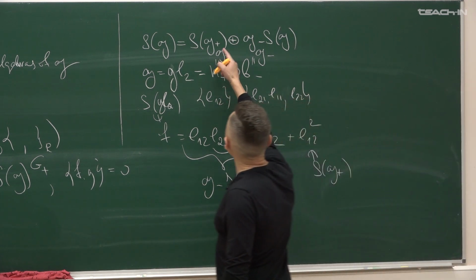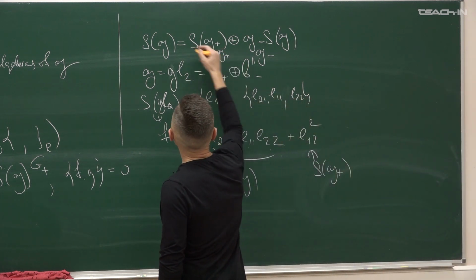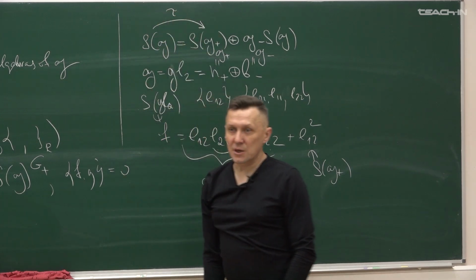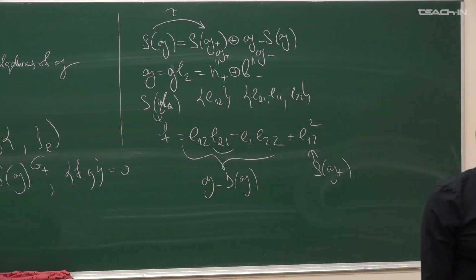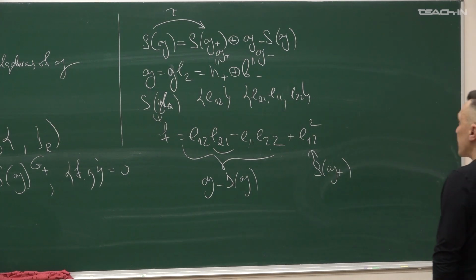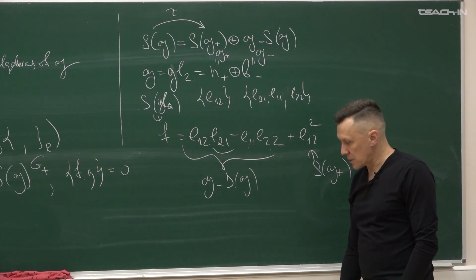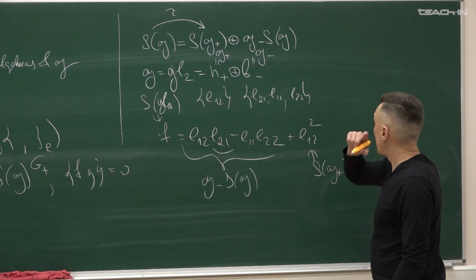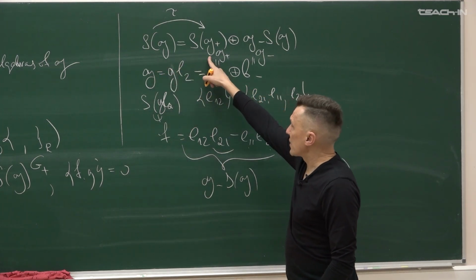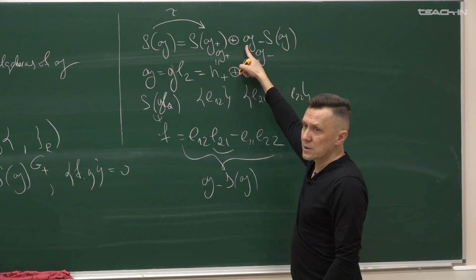So I have this decomposition, and I'd like to define this projection as tau, the projection to the first term. If you want, it means that we restrict functions to the subspace where g minus is equal to 0.